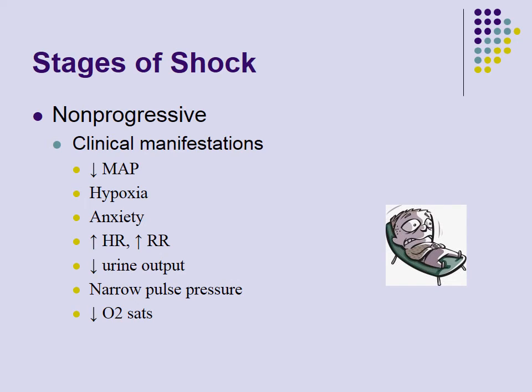Let's look at the second stage. This is called the non-progressive stage. What a terrible name. I don't know where they come up with these names. Clinical manifestations for this is that we're going to see the mean arterial pressure dropping even more, usually about 10 to 15 points down from baseline. We are going to start seeing some tissue hypoxia to the non-vital organs.